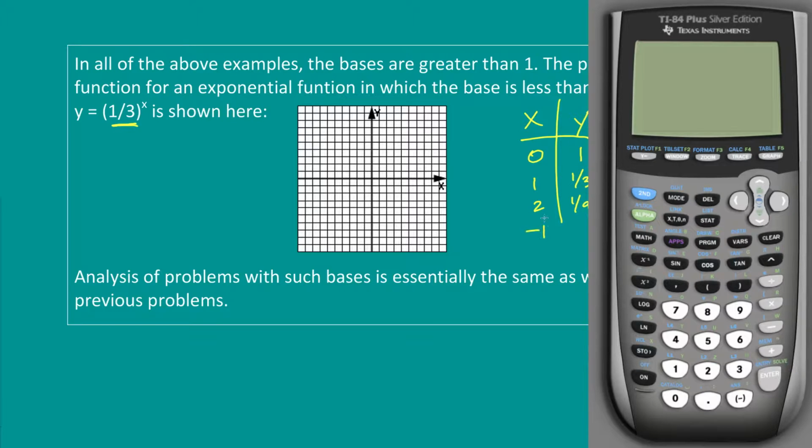If x was -1, that would be 1/3 to the -1, which is just 3. When x is -2, this would be 9. So it's very similar to the graph we had before, except it's going to be flipped.